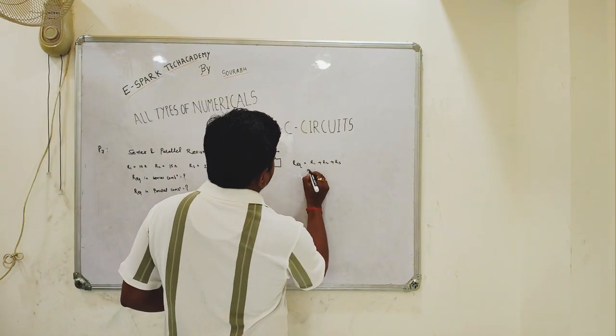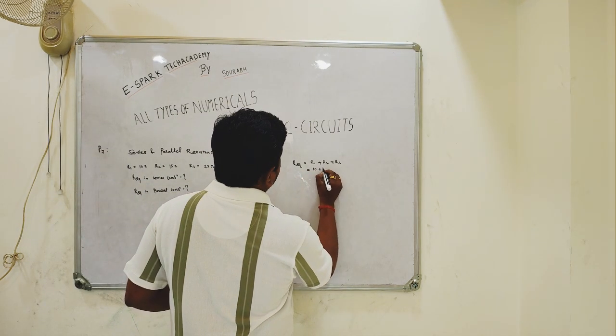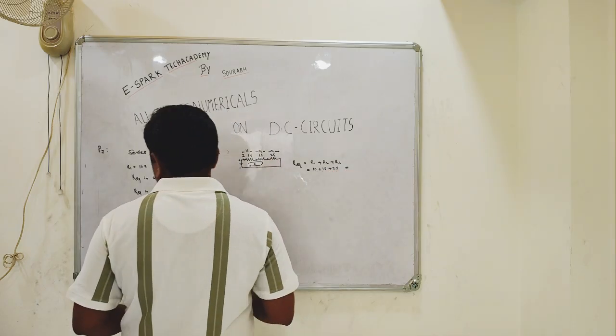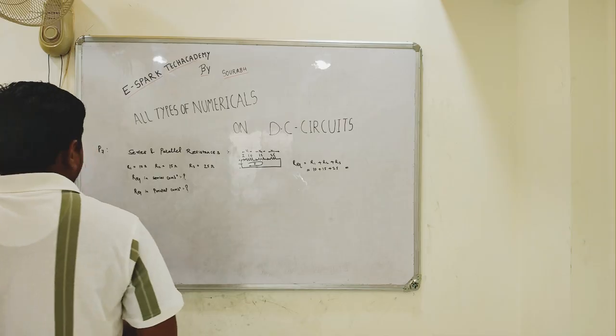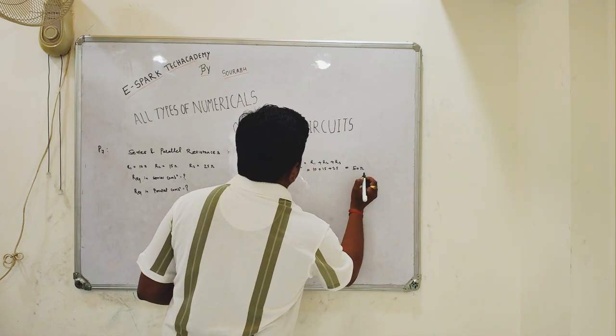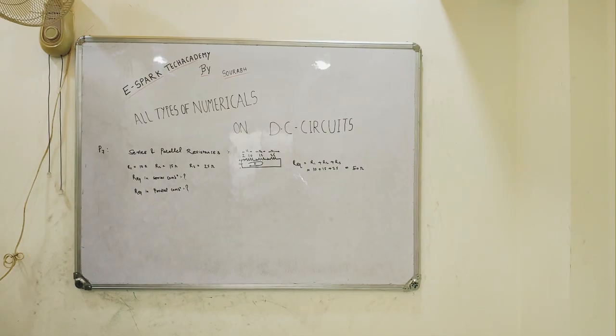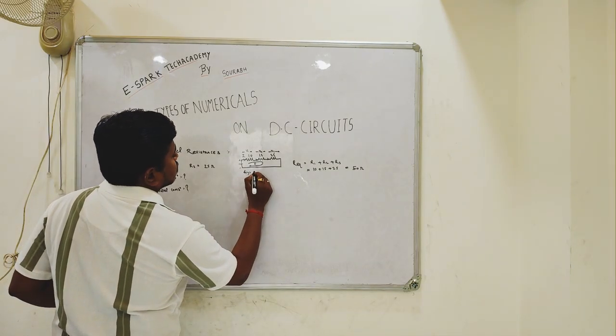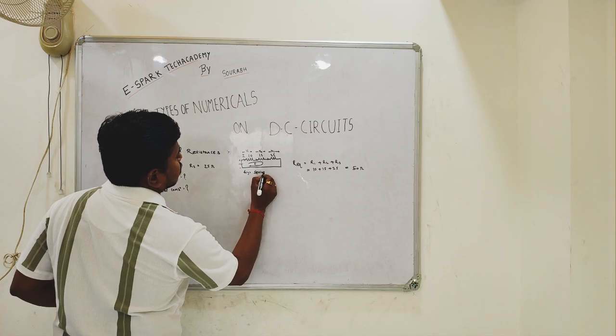Now we will be getting 10 plus 15 plus 25. It is nothing but 50 ohm. In same way, this is the figure for series combination.